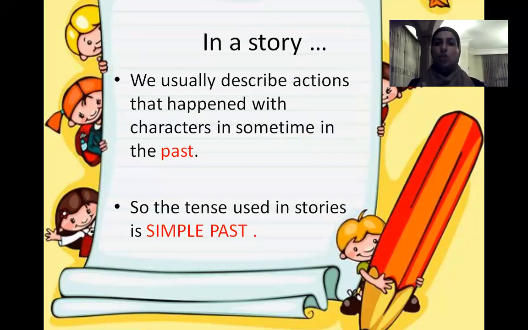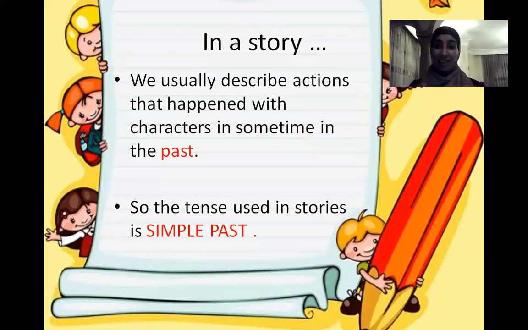Now, in the story, we usually describe actions that happened with the characters sometime in the past. Usually when we read stories, the stories are written in the past tense. Remember, the past tense is when you talk about things that happened and were done in the past.